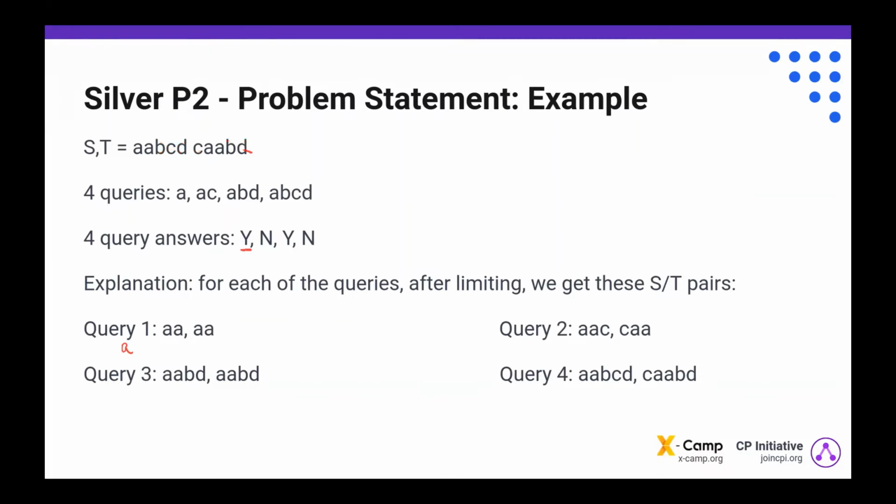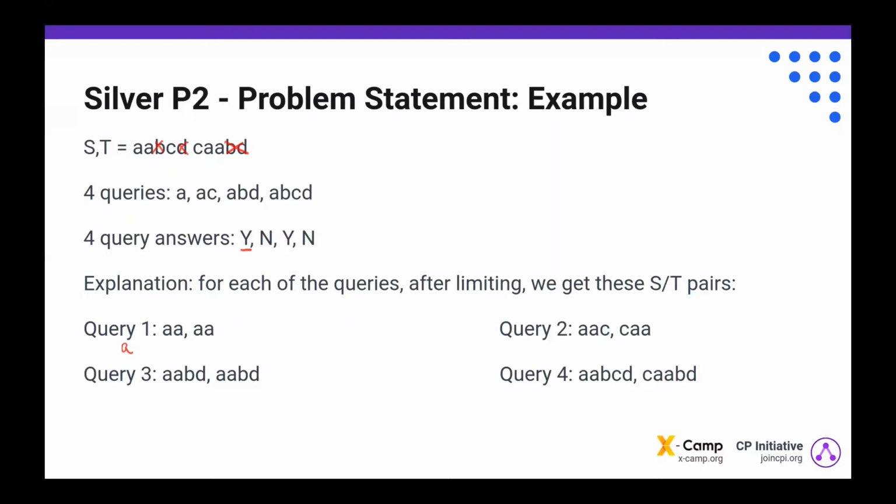Now, query 2. By the way, can everybody see the red marking that I'm making? Okay, yeah. So query 2: the query is AC. Once again, we limit to only A and C. We cross out B and D in both. So S becomes AC and T becomes CA.